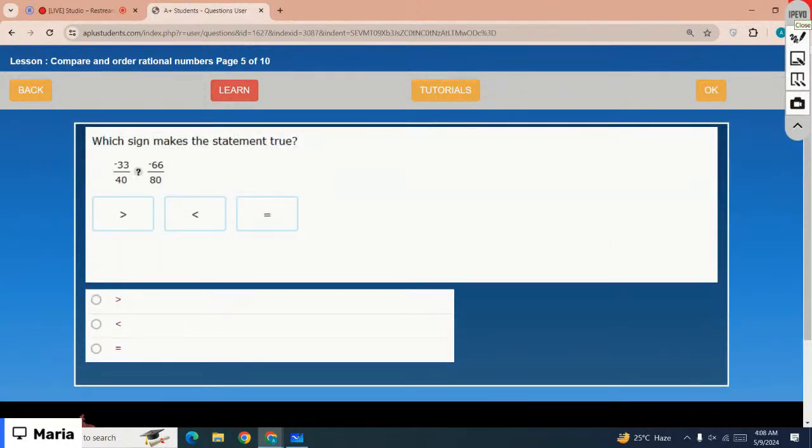Okay, which sign makes the statement true? Which is the correct option? Negative 33 over 40, and you have to compare it to negative 66 over 80.